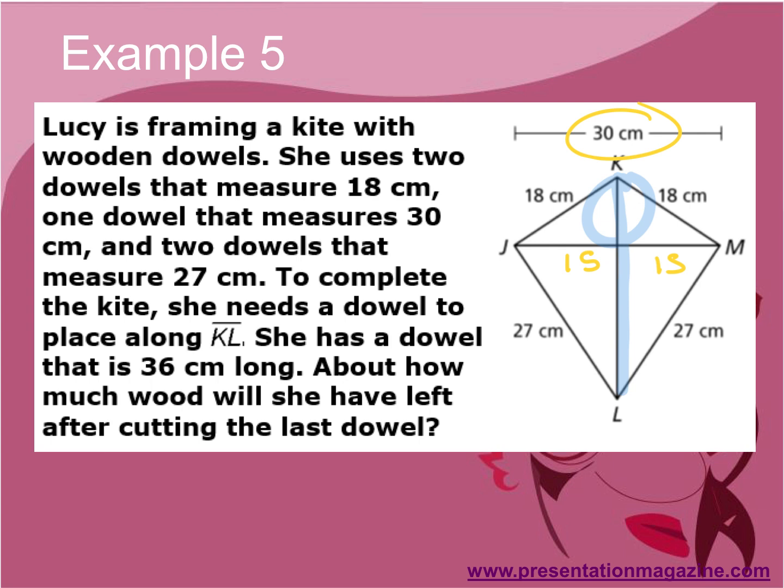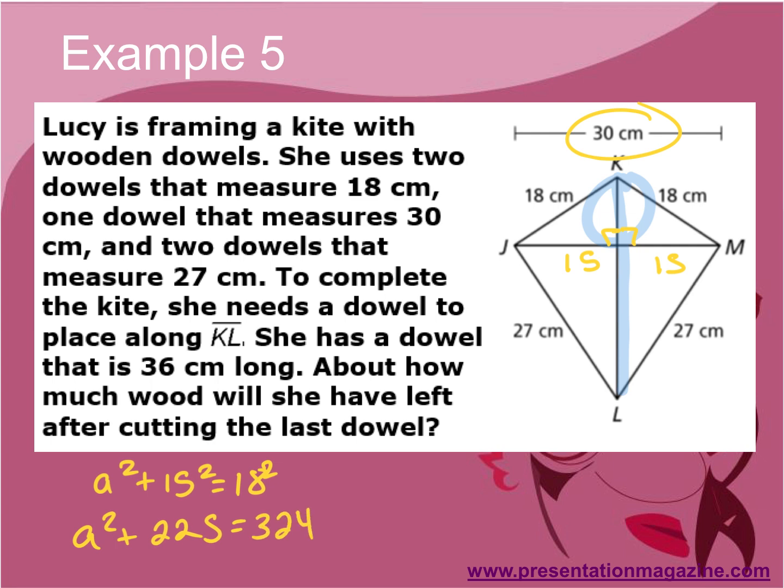Since I know this is a kite and these are 90-degree angles, I'm just going to use the Pythagorean theorem to say a squared plus 15 squared equals 18 squared. So then we get a squared plus 225 equals 324.